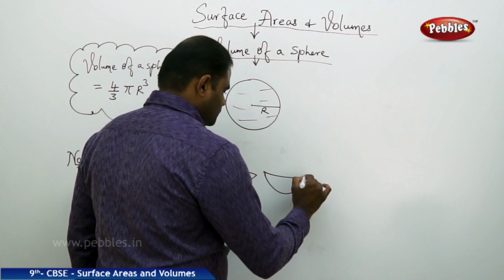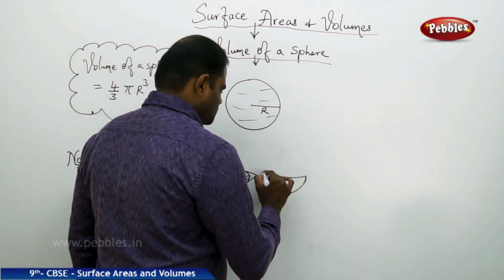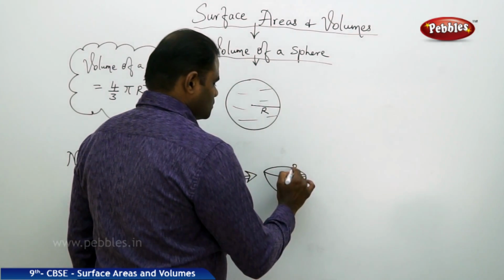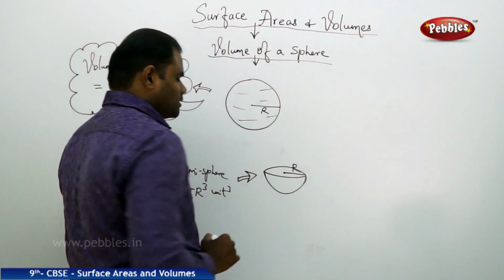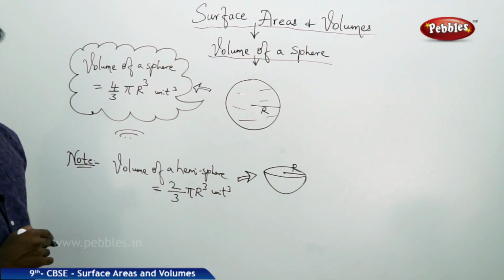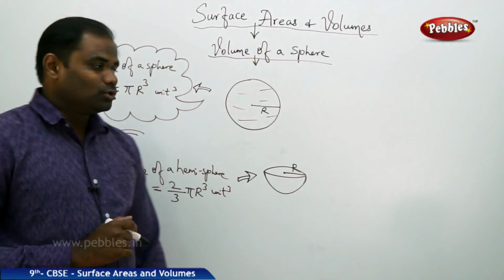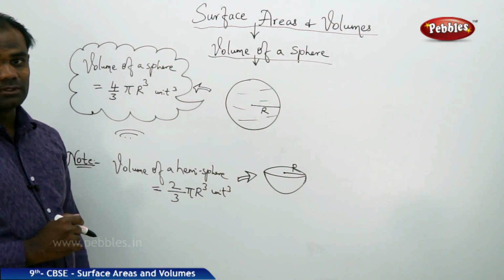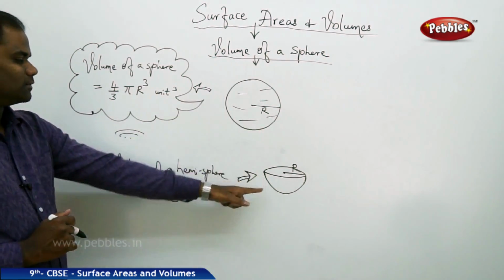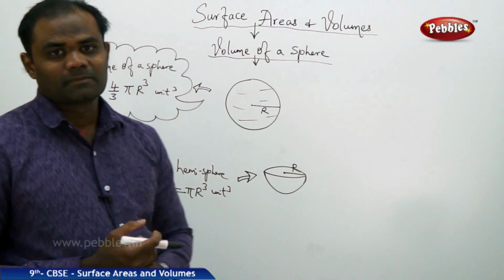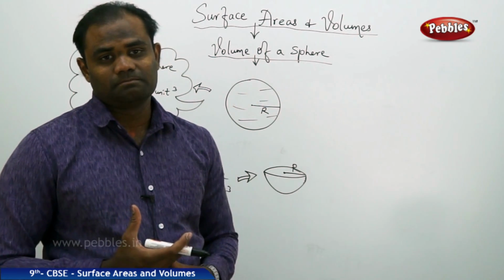So we have this, this is the radius and this is the hemisphere, which has 2 by 3 pi r cube unit cube. Volume of a sphere is 4 by 3 pi r cube. Volume of a hemisphere, which is exactly half of the sphere, is 2 by 3 pi r cube unit cube, where r is the radius of the sphere.